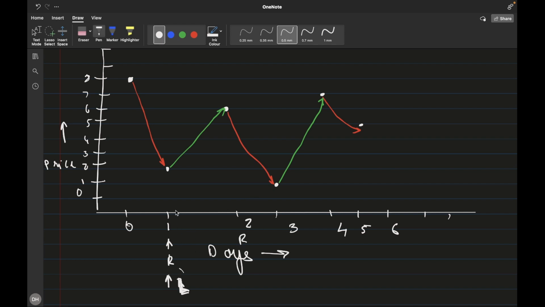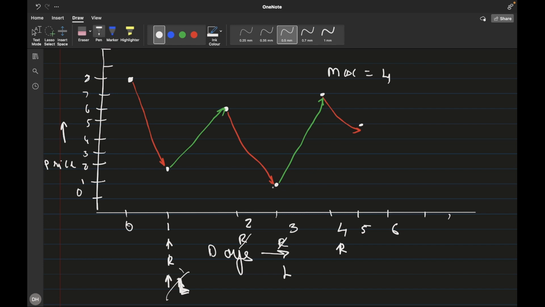So the max profit is 2 minus 6, that is 4. So the max profit currently is 4. Let's try to move the right pointer again. Now we see that on day 3 the price is 1. So let's move the left pointer to this current right pointer and keep moving forward.